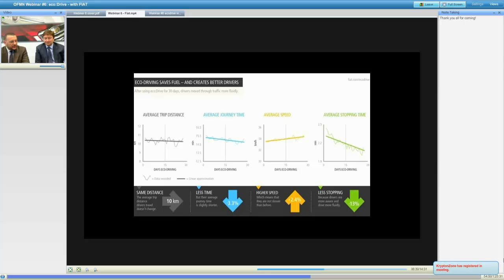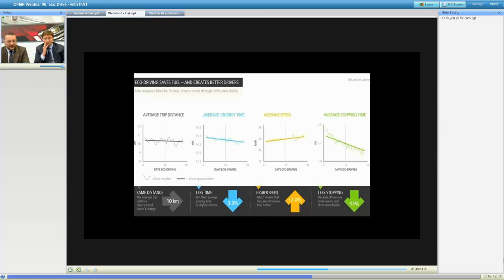Also, people usually expect lower speeds, but speed during eco-driving is increasing 2.4%, so the eco-drivers are not going slower than other drivers.